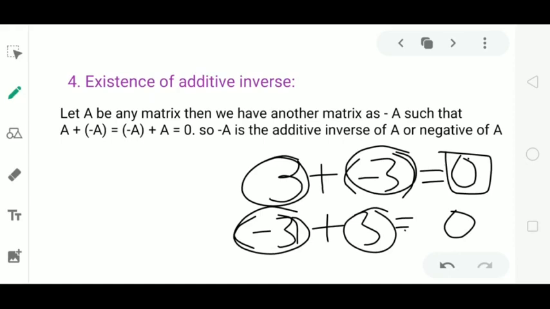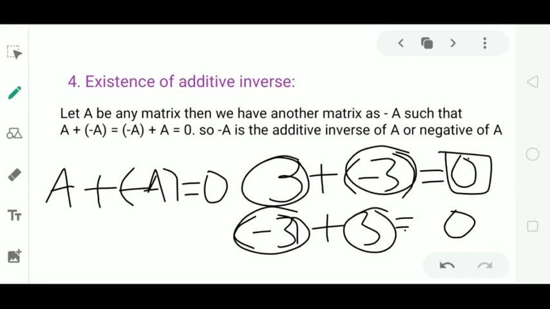Similarly, we can consider matrices. If A is any given matrix, then on adding minus A to the given matrix, we get 0 matrix.